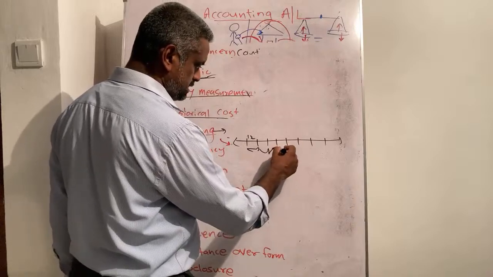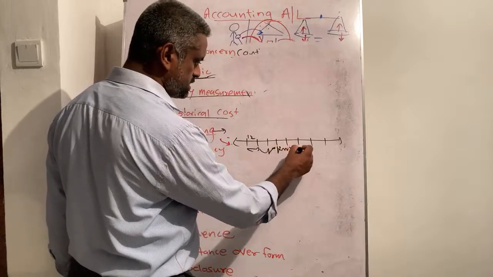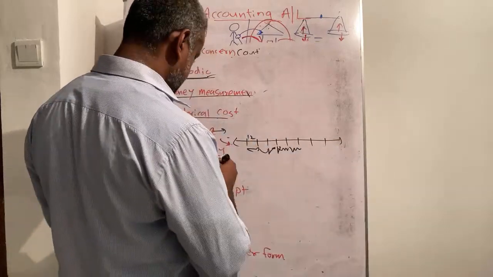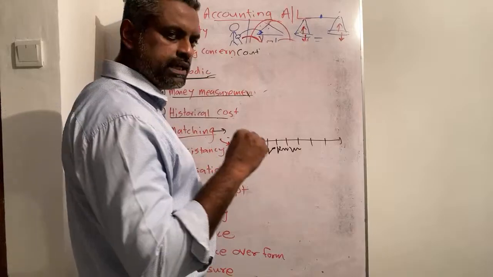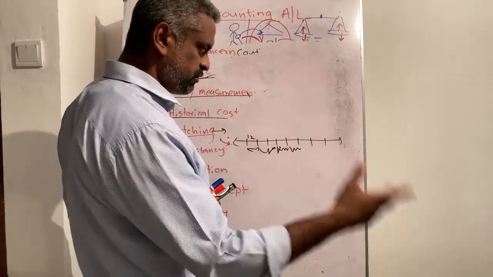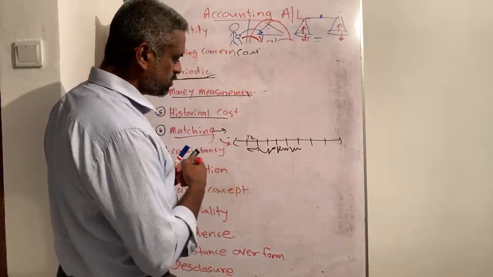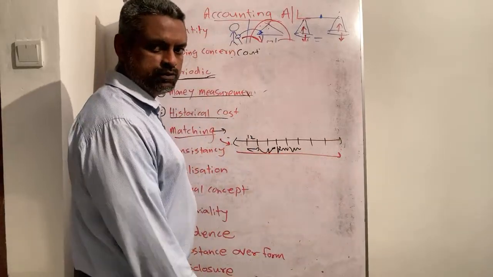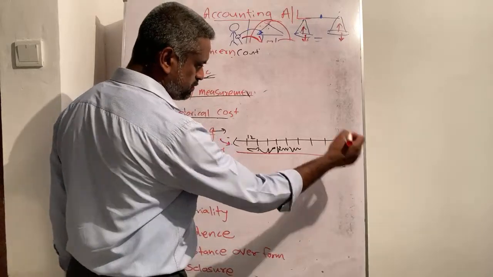That is the periodic concept. Segregating the entire period, because you can calculate the exact profit and loss figure only at the end of the lifetime, and until such time you cannot wait.